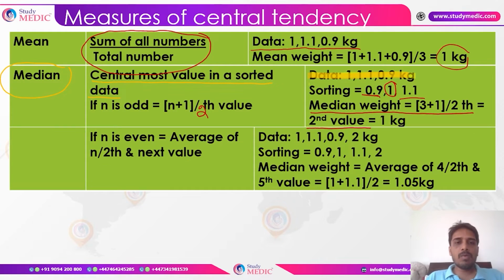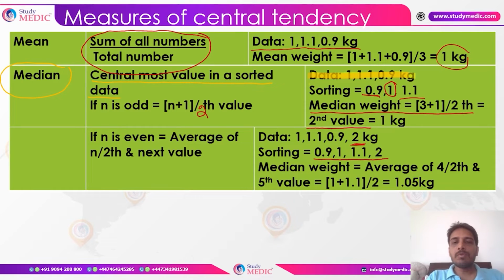Now what happens if n is even? If n is even, it is the average of the n by 2th value and the next value. For example, the data is the same, but here one more sample is added, so n is 4, an even number. Now we sort this. After sorting, it is 0.9, 1, 1.1 and 2 kg.